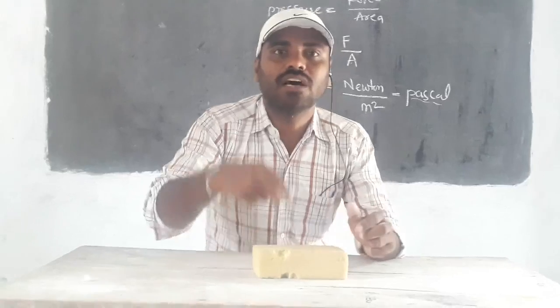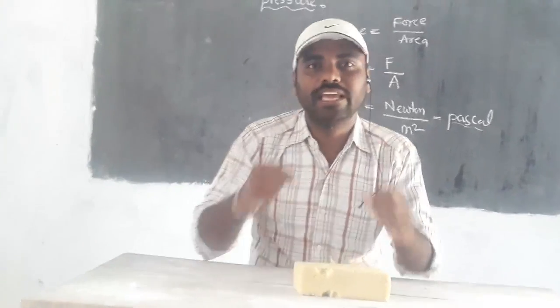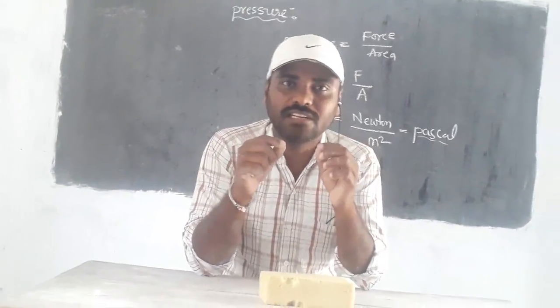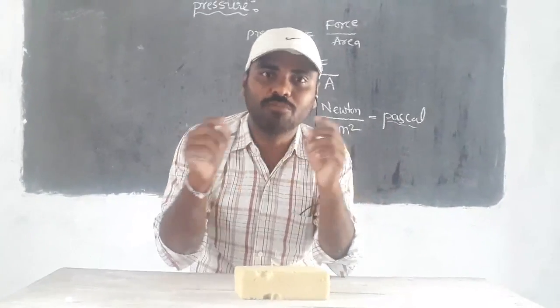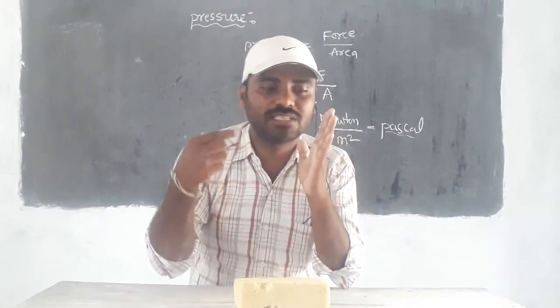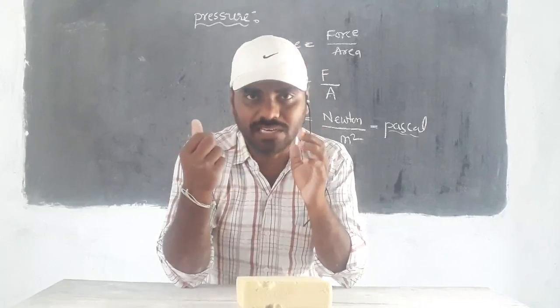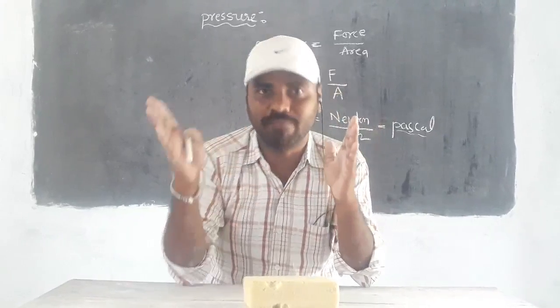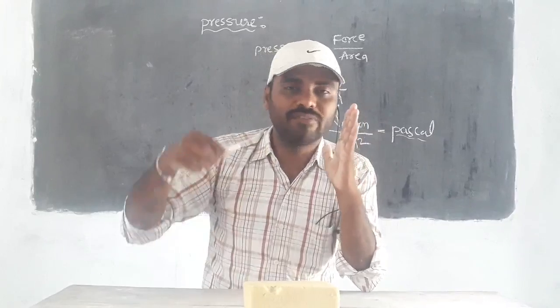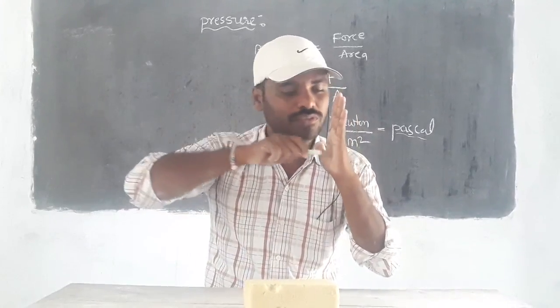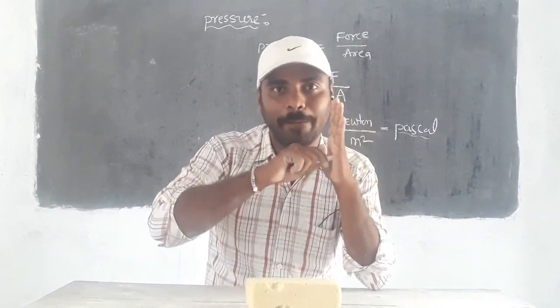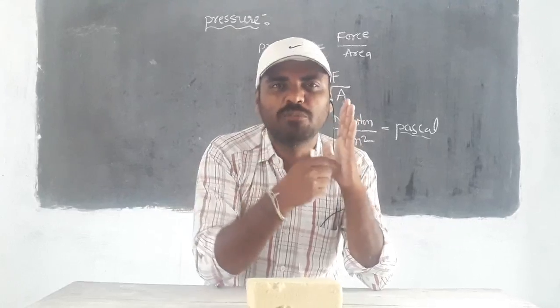Otherwise, I have one task for you. Take a pen, then remove the cap. On removing the cap, we get two ends. One is the pin side, another is the blunt side, meaning the front part of the pen and the back part of the pen. With the back part of the pen, apply force on your left hand palm, right? You will get a little amount of pain.